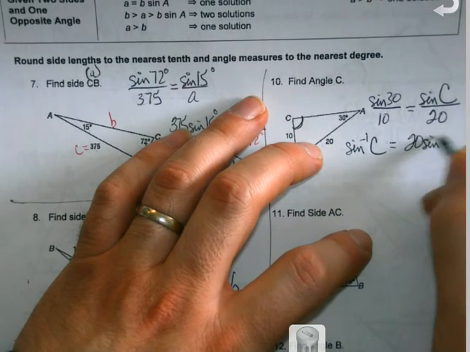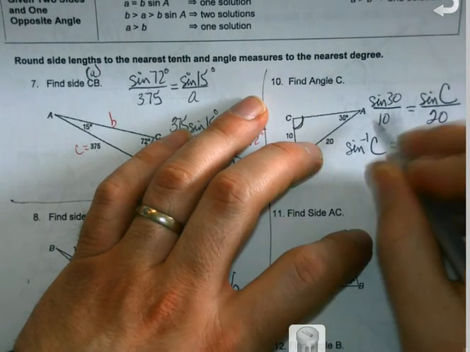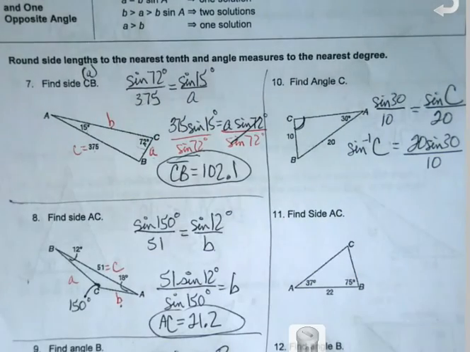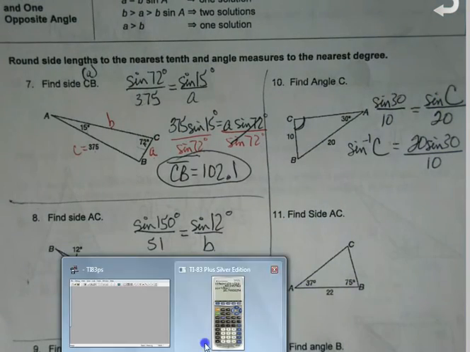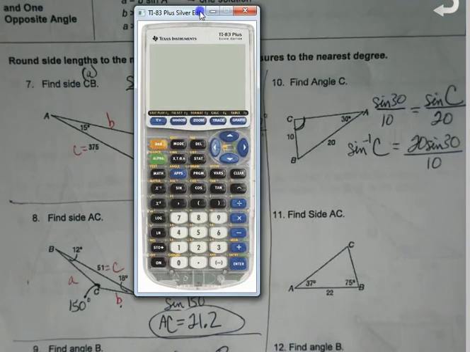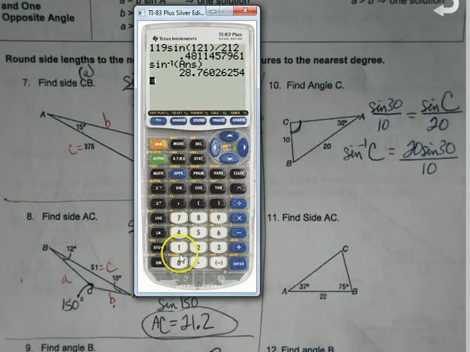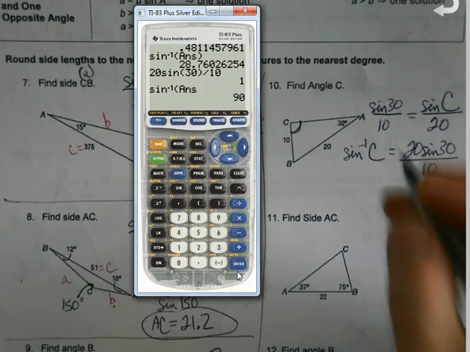Cross multiply the ones that don't have the C and divide by that part that does. And get the calculator out of the way. So 20 times the sine of 30 divided by 10. Next, the angle 1? No. It's 90.